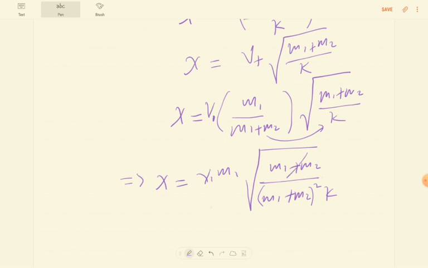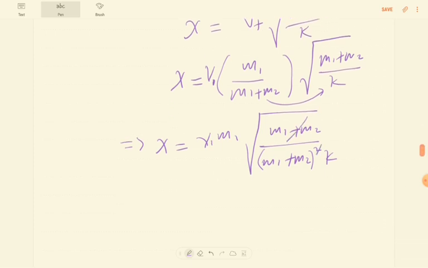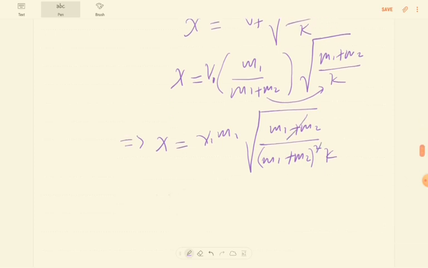So here the square term would be cancelled, and finally x equals v1 m1 times the square root of 1 over (m1 plus m2) k.